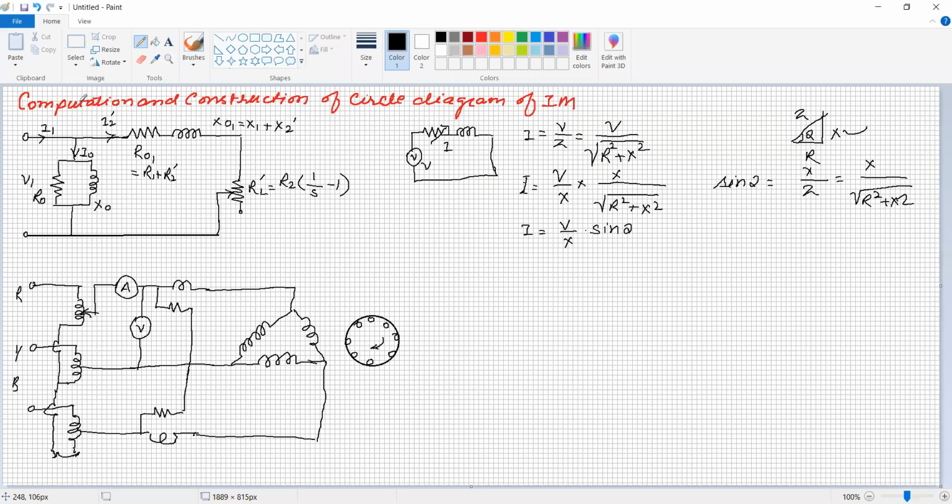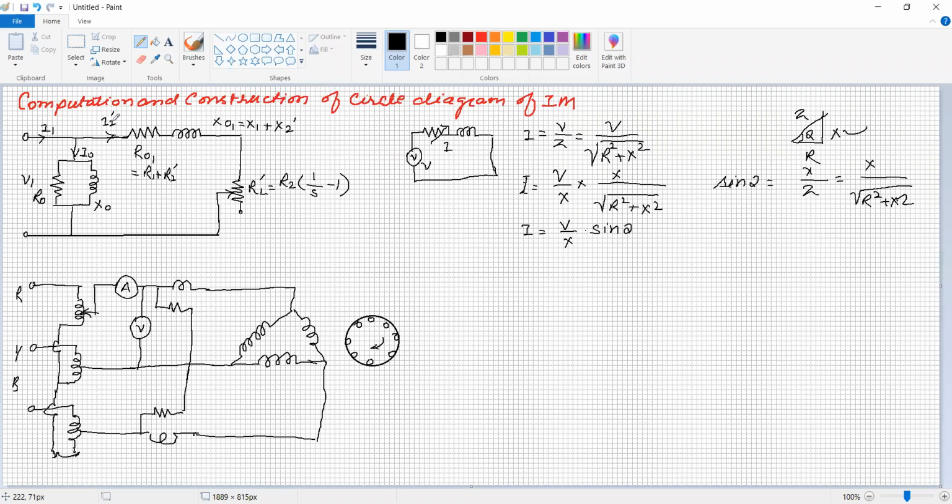So we can say that the tip of I2, which is referred to the stator side, or the total current I1, if you ignore this exciting or shunt component, gives a circular construction, and hence the name circle diagram of a three-phase induction motor. This is the concept behind how the circle diagram is developed, with the tip of current for this value.